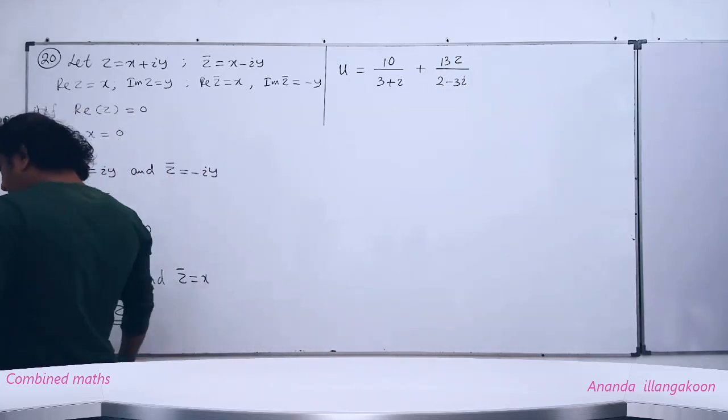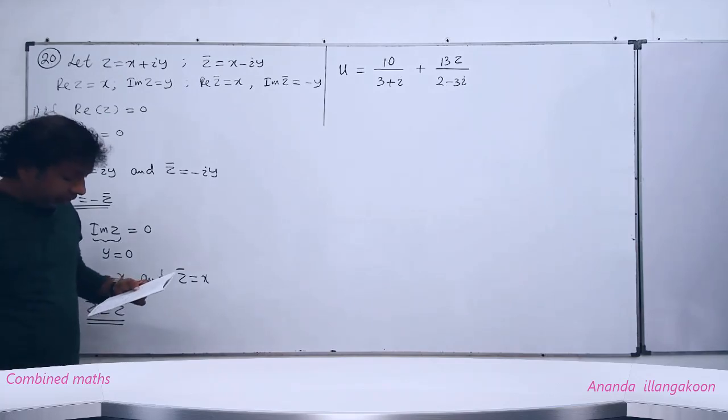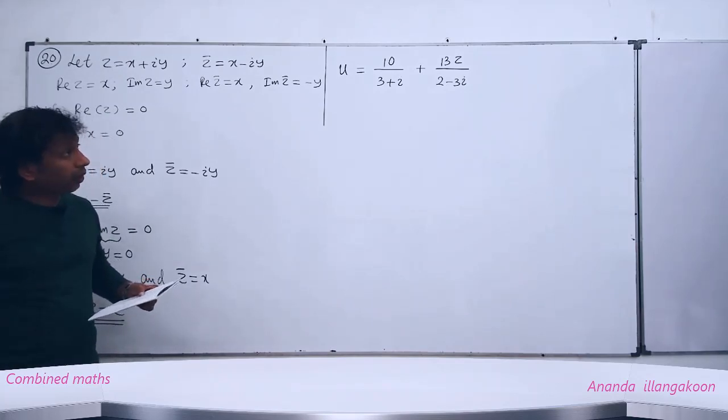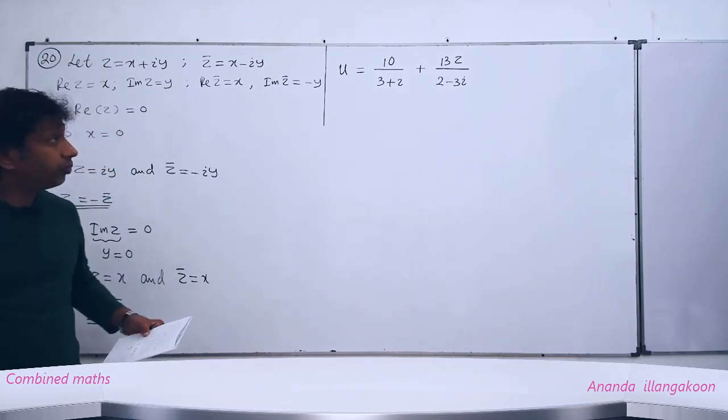Right, so this is a complex number. Show that u can be written this way.